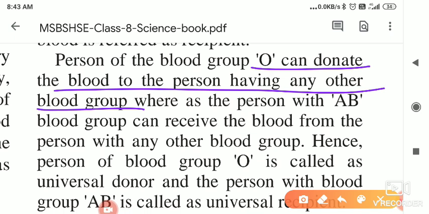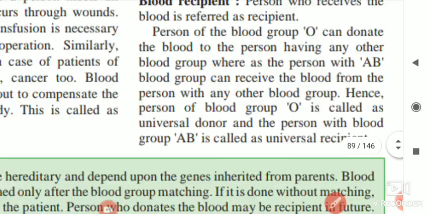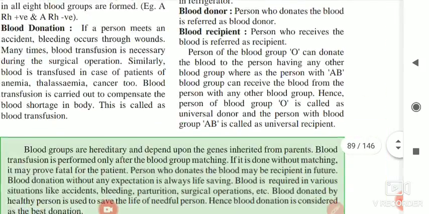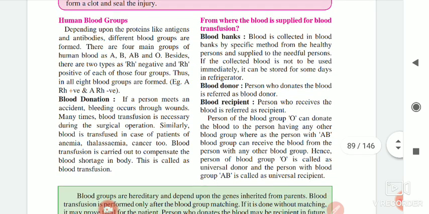Hence, blood group O is called a universal donor, and blood group AB is called a universal recipient.